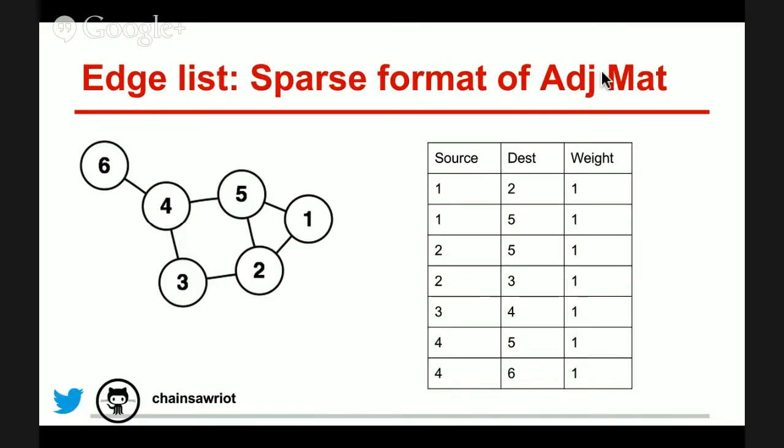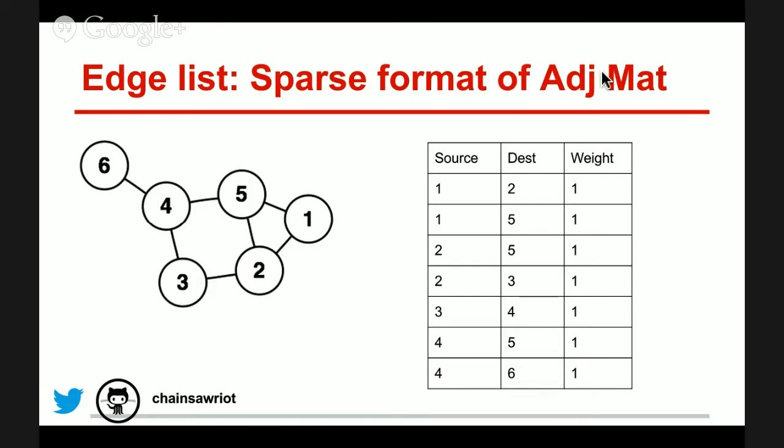Another way is called the edge list, which is, if you understand the matrix, a sparse representation of a matrix, right? The sparse form usually occupies less memory, right?